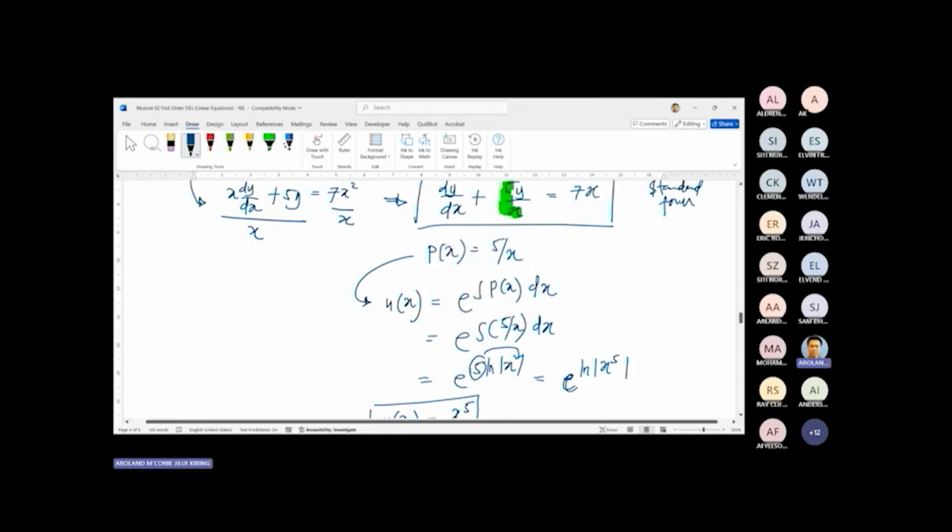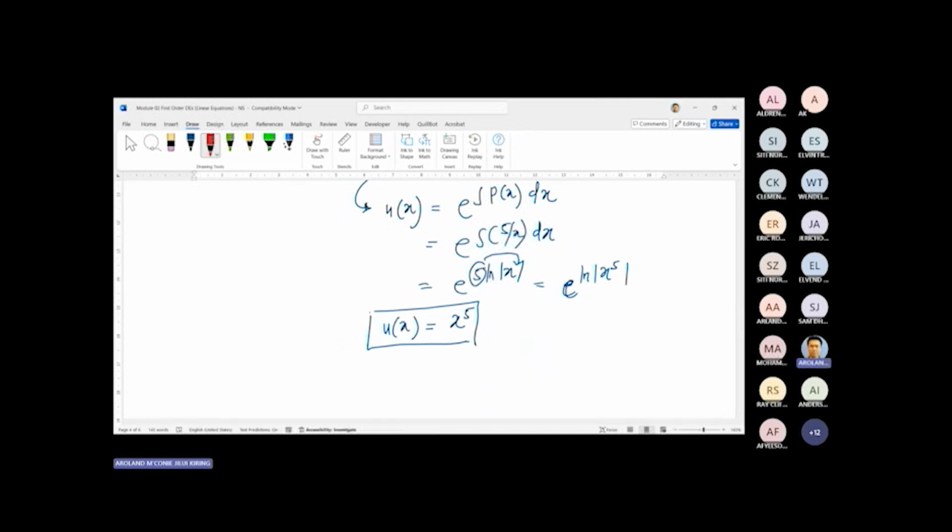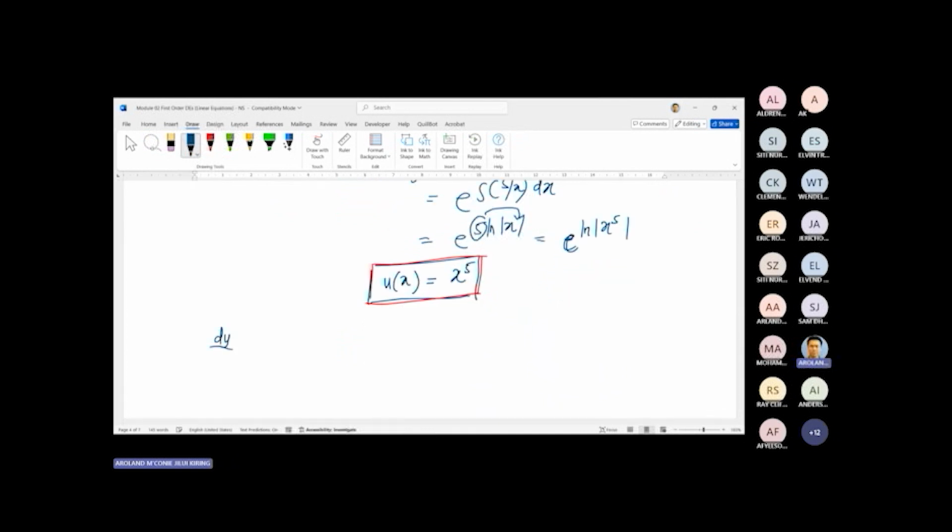So the next step, you take this linear differential equation and multiply it with this integrating factor. So dy over dx plus 5 over x multiplied by y, the whole equation we multiply by x to the power of 5.